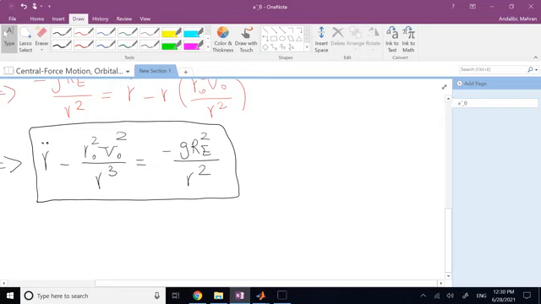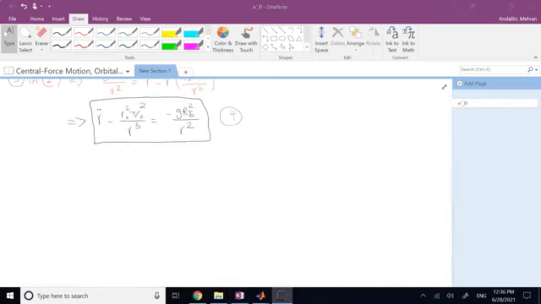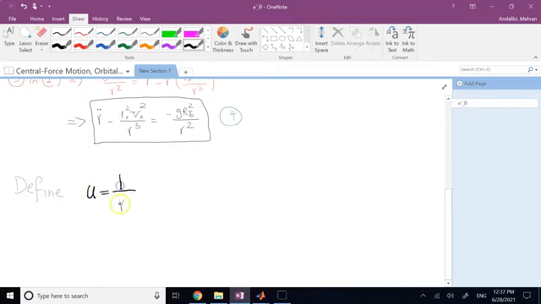So is there any way that I can convert this nonlinear ODE now into something linear, which I can easily solve? And the answer is yes, there is. So here I change my variable from R to a new one U. So I go ahead and define my new variable U, which is 1 over R. Why do I do that?